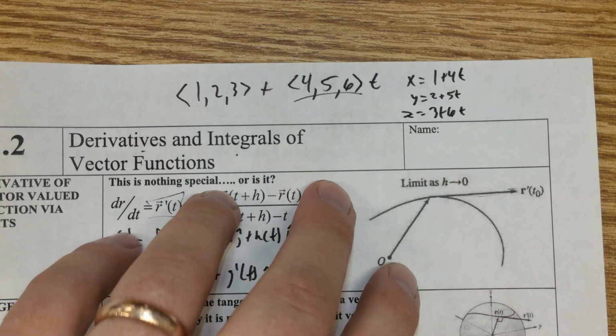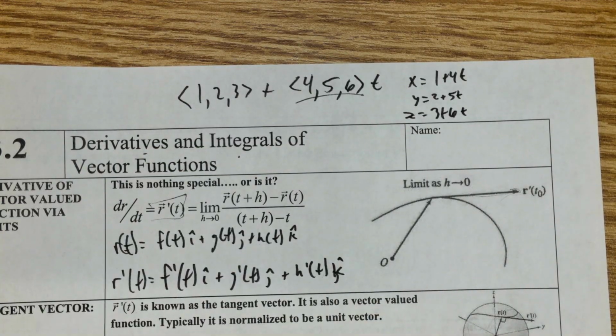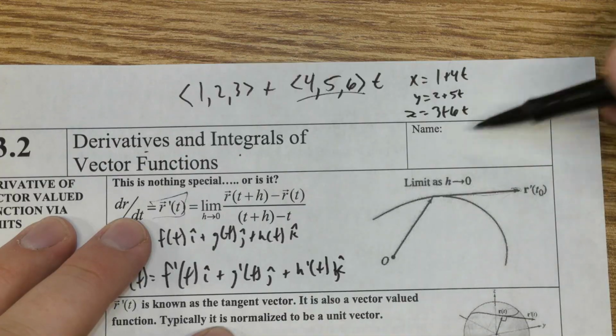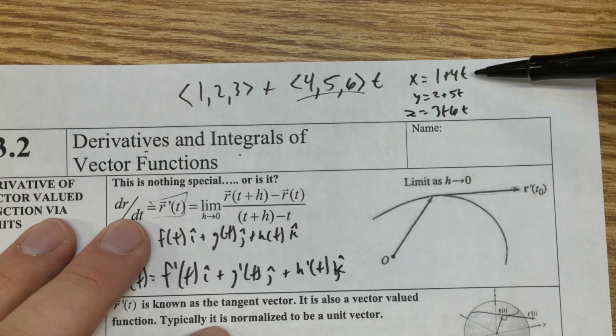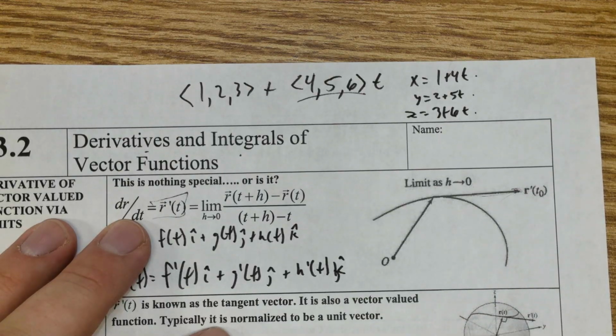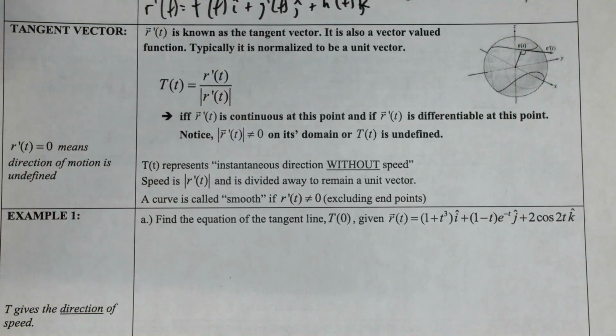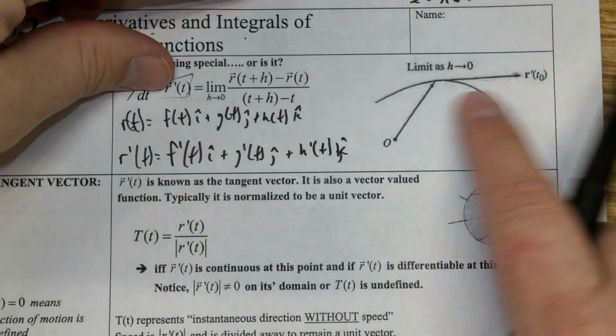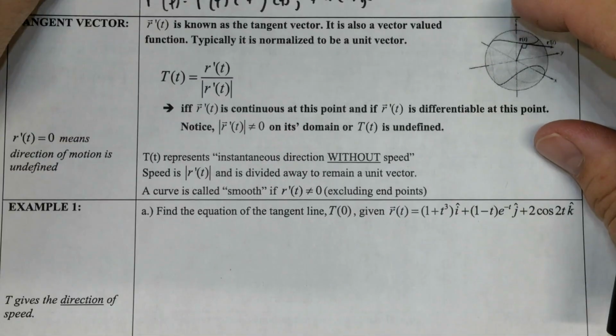And you'd say 4, 5, 6. The reason we'd say the direction it's heading is 4, 5, 6 is because that's the derivative. If I take the derivative of the f, g, and h functions, I would get 4, 5, and 6. So if I need to know what direction it's heading, it's just that derivative.